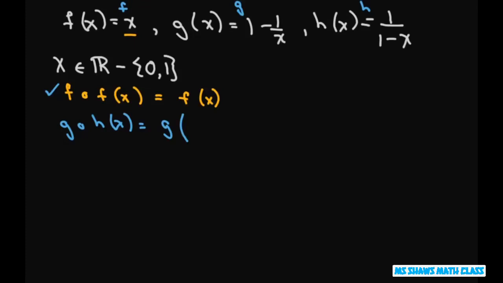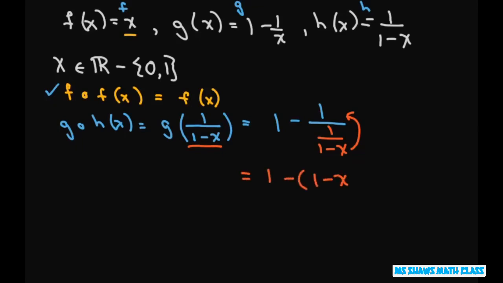So that's going to be g of 1 divided by 1 minus x, which equals 1 minus 1 over this, which is 1 divided by 1 minus x. Now what we can do is just flip this up here, and we're going to get 1 minus x, and that's just going to give you x, which equals f of x.